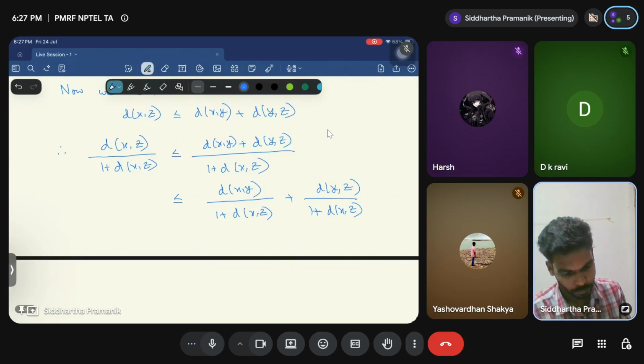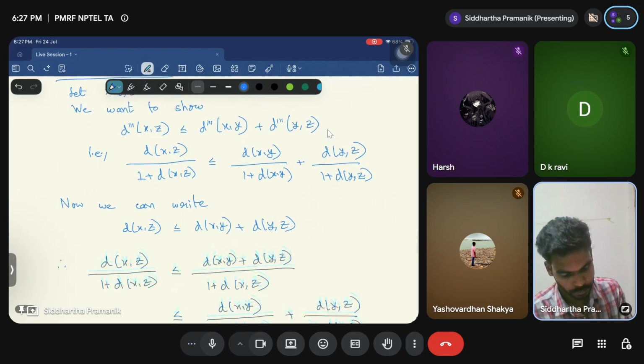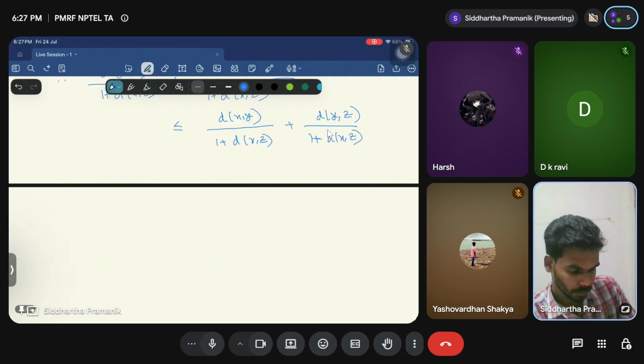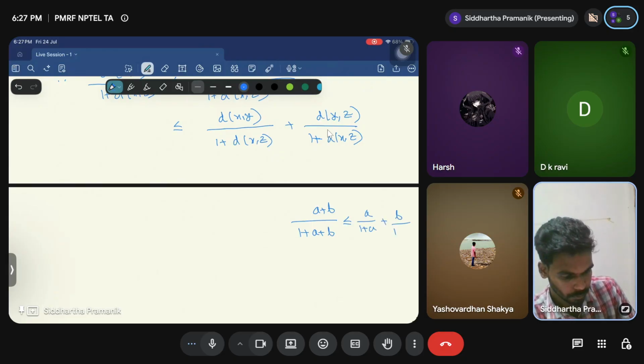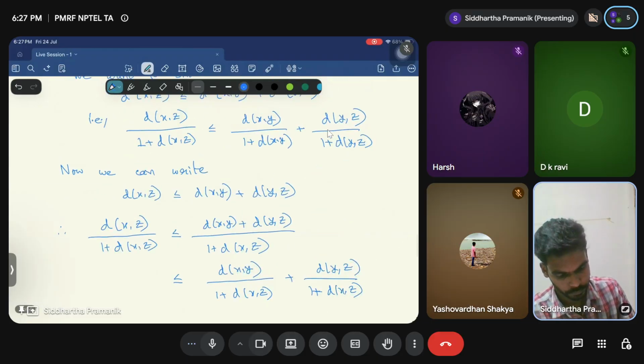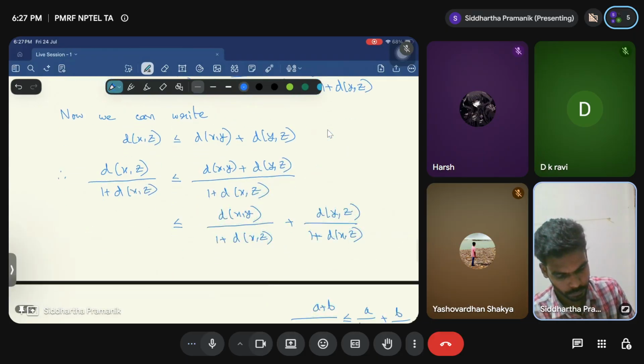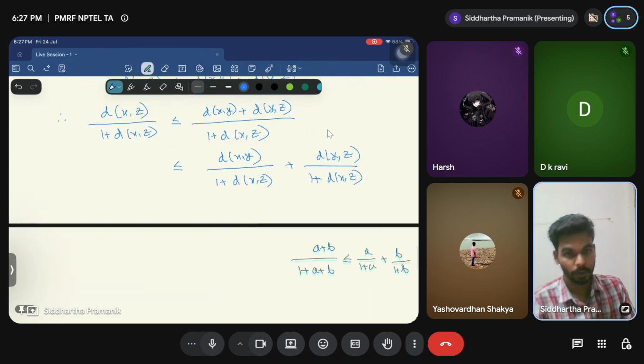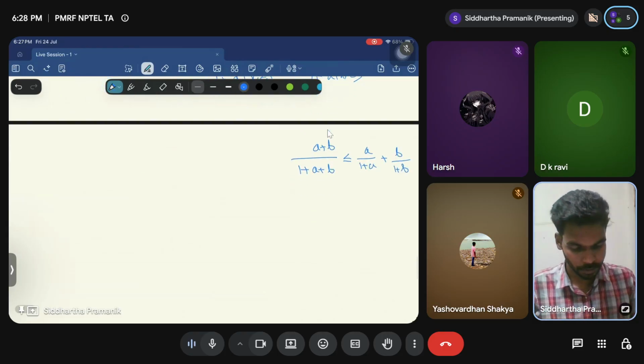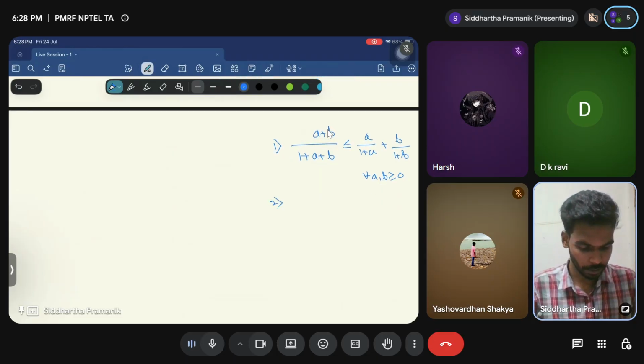So basically we can use these identities. Okay, so we need to use two identities. This is the first one. Let's say this is true for all a, b non-negative, and the second one is this function x over 1 plus x.